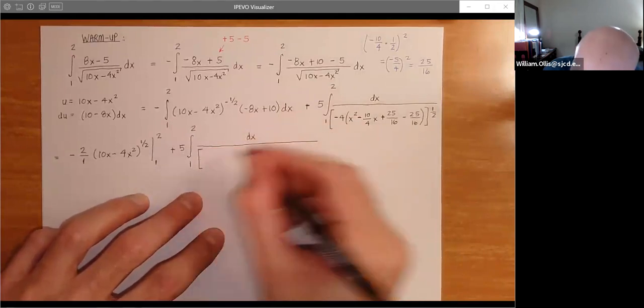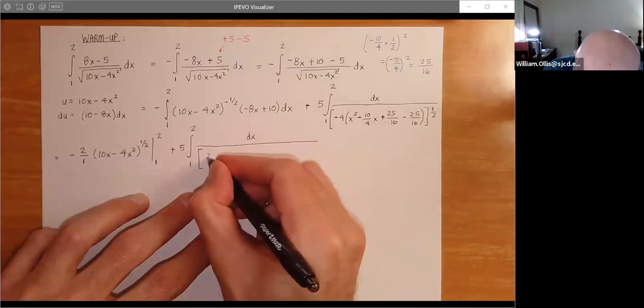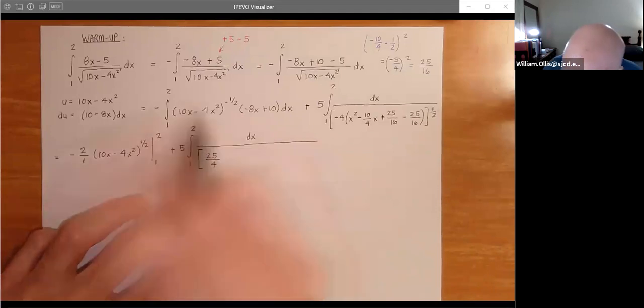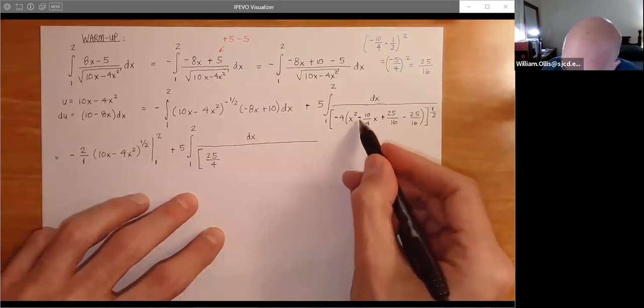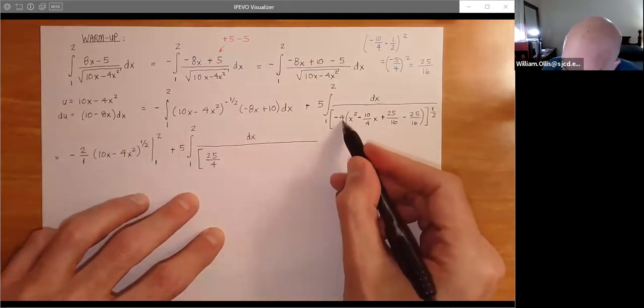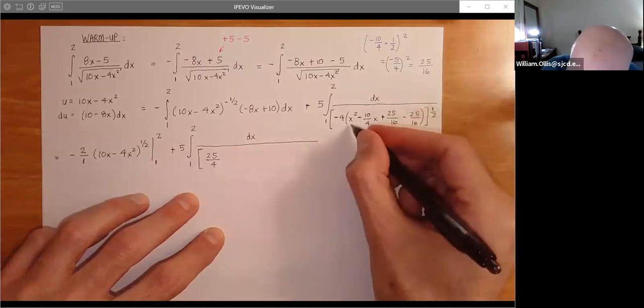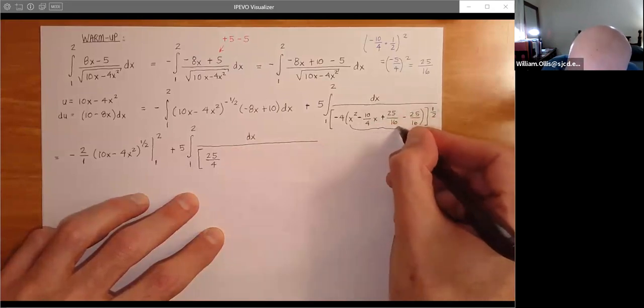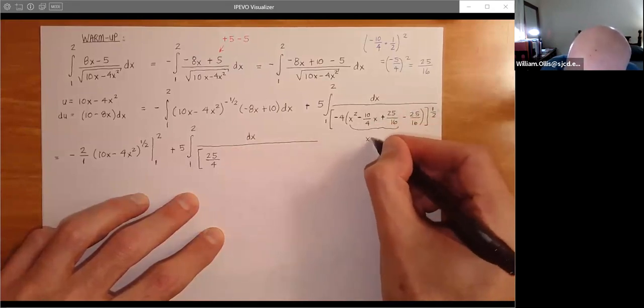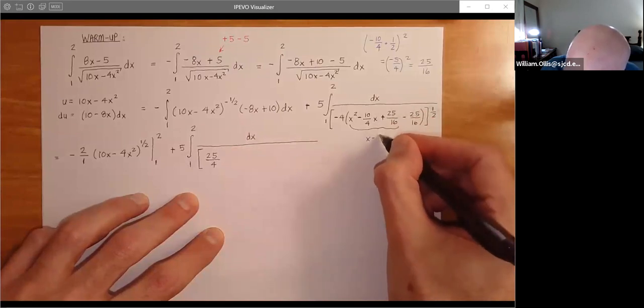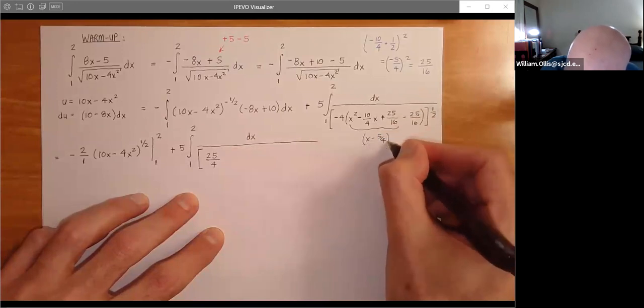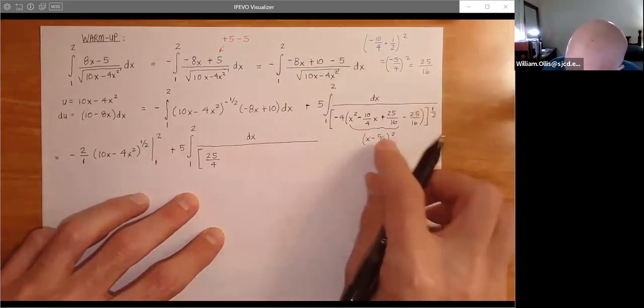So first off, we get the 25 over 4. And then what's left? Well, now we've got the minus 4, and then we have the perfect square here. And this is x minus 5 over 4 quantity squared, as we see from right here.